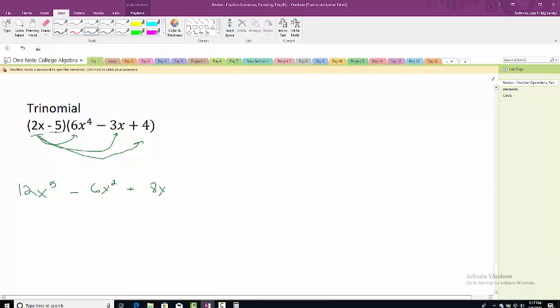Remember, it's a minus 5. Minus 5 times 6x to the 4th, minus 5 times minus 3x, and then minus 5 times positive 4. So minus 5 times positive 6x to the 4th is a negative or minus 30x to the 4th.